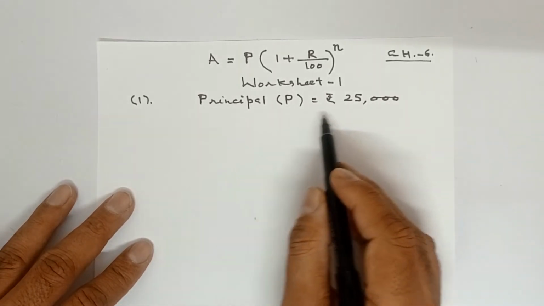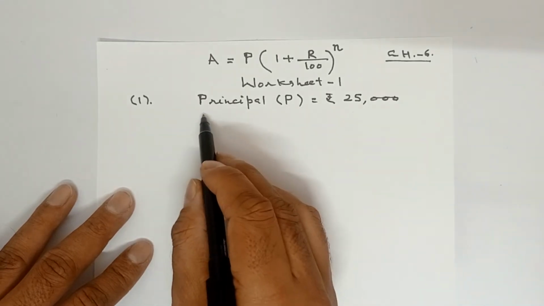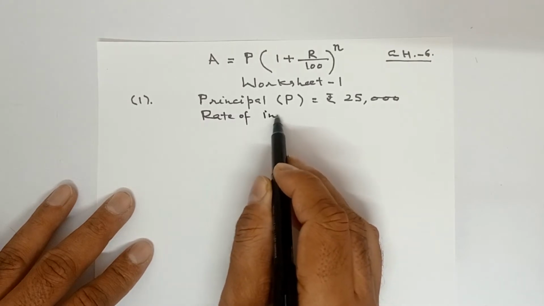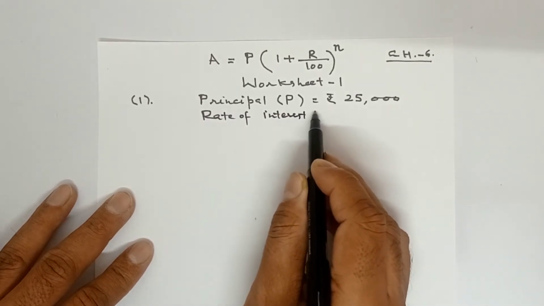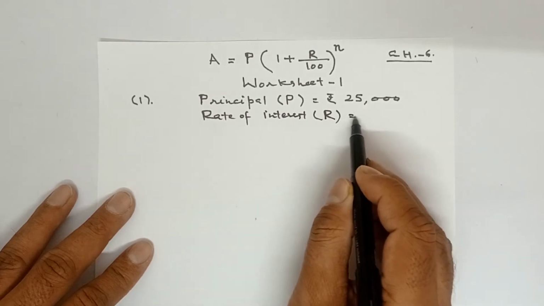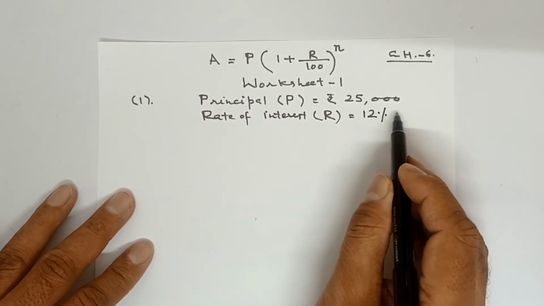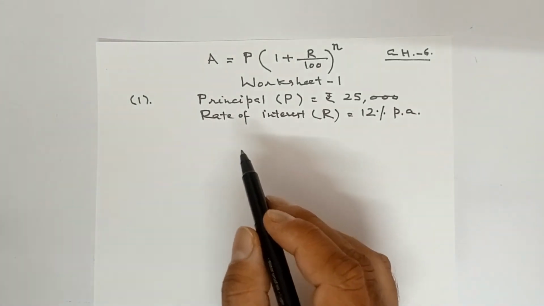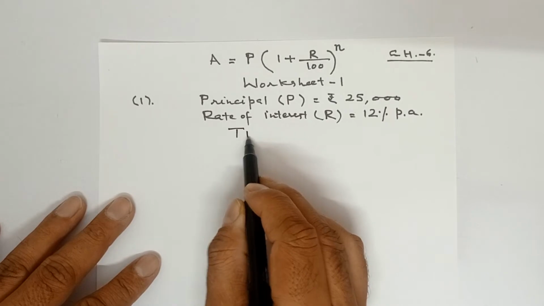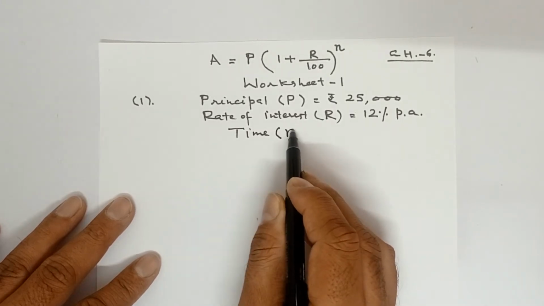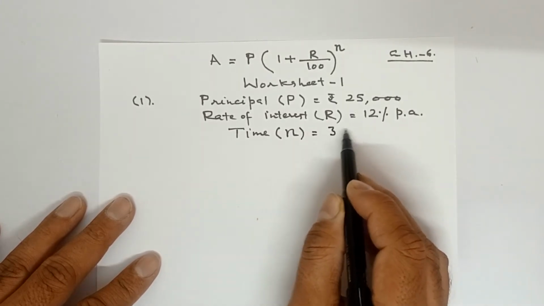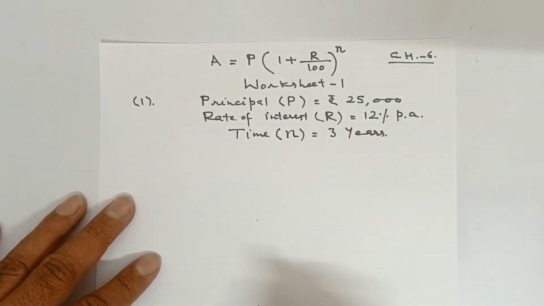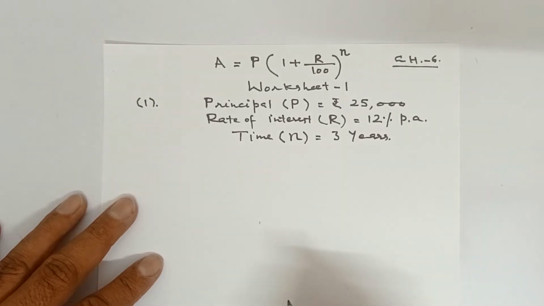The rate of interest will be denoted by capital R, it is 12% per annum. Time I am denoting by n, it is 3 years.